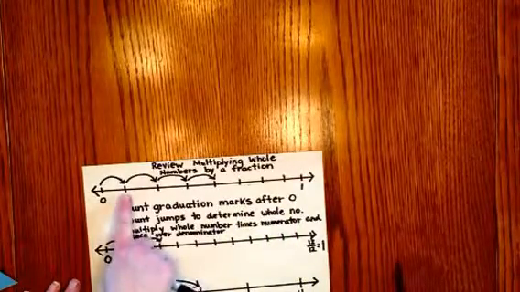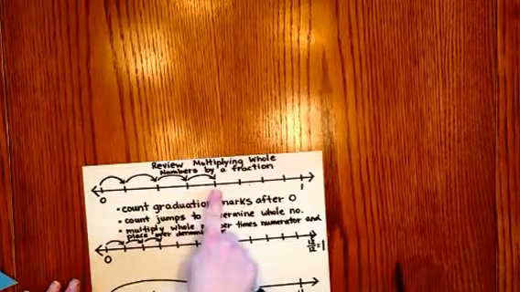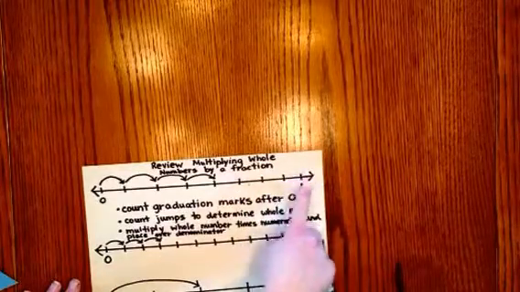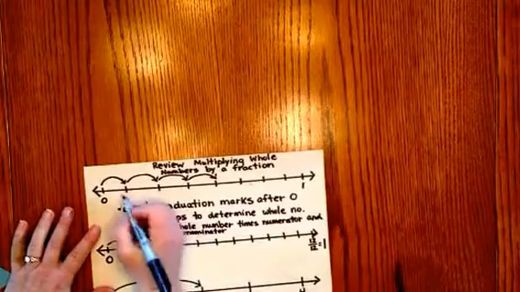So this would be 1, 2, 3, 4, 5, 6, 7, 8. So that means my denominator is going to be 8.